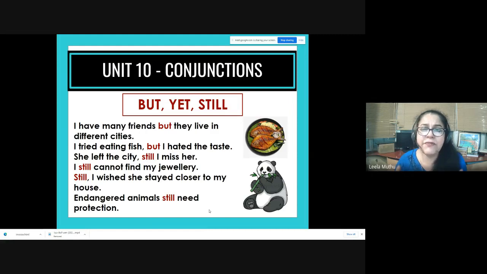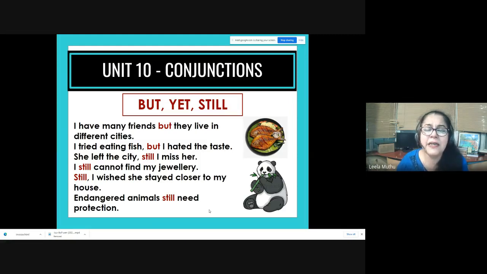I still cannot find my jewelry. Here, an ongoing action is happening, and you're talking about it. And the word still here shows that you're still searching for the jewelry. I still can't find it. In spite of everything, still, I wish she stayed closer to my house. She stays really far away.